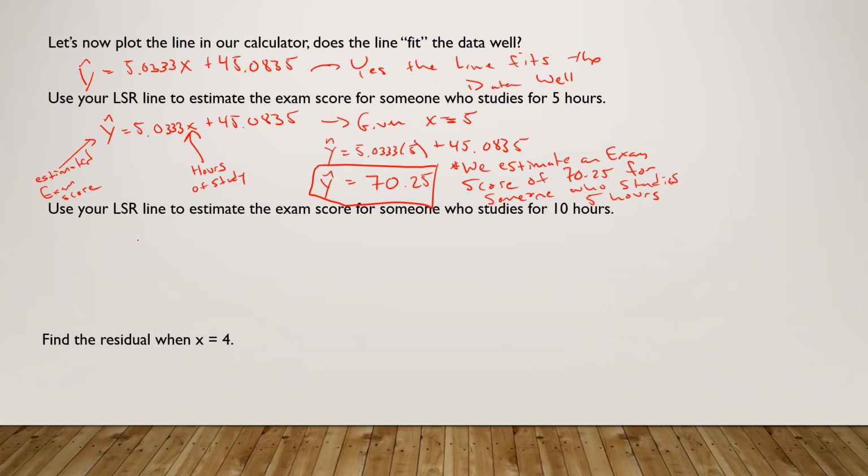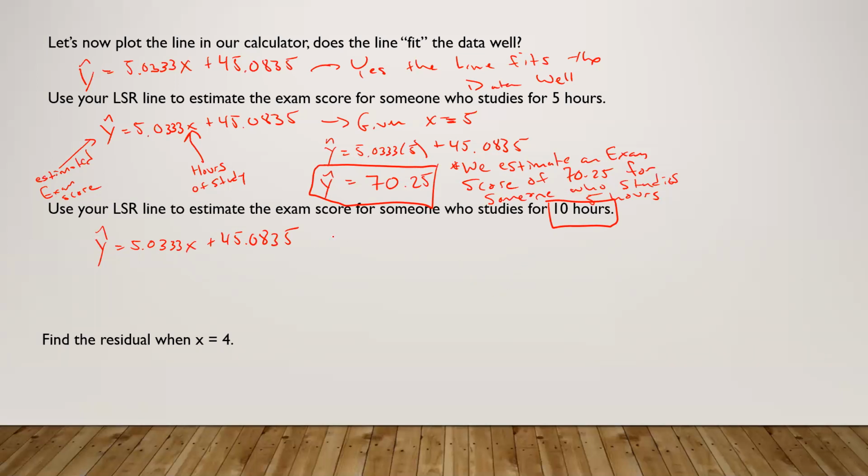All right, let's try it again. Let's use your least squares regression line. Y hat is equal to 5.0333x plus 45.0835. To estimate an exam score for someone who, let's say, spends 10 hours this weekend studying. What do I do here? Same thing.